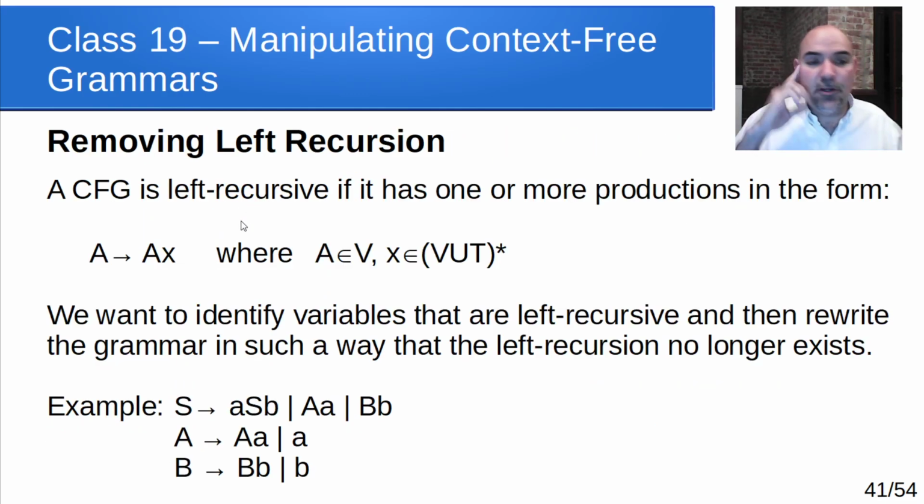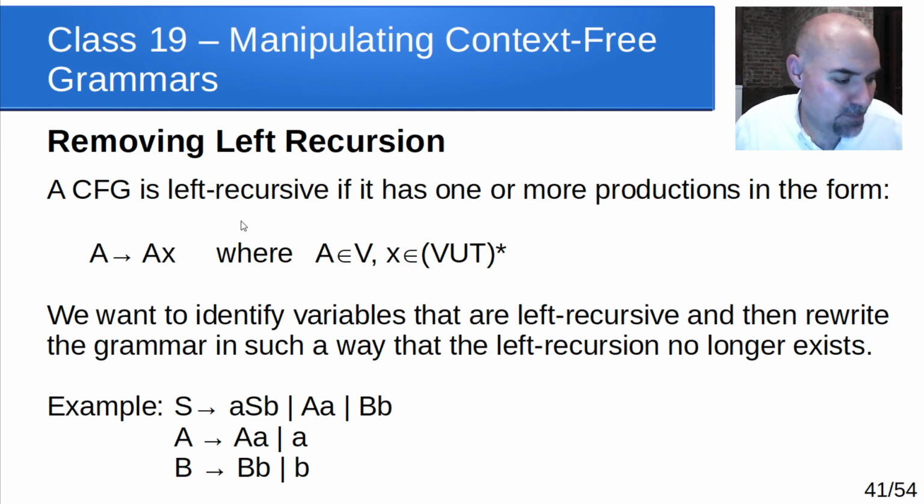Now, left recursion. We want to look at eliminating left recursion from a grammar. First off, what is left recursion? Well, a context-free grammar that is called left recursive is one that has one or more productions in the form A, some variable, produces that same variable all the way at the left-hand side of the right-hand side, the leftmost symbol on the right-hand side of the production.